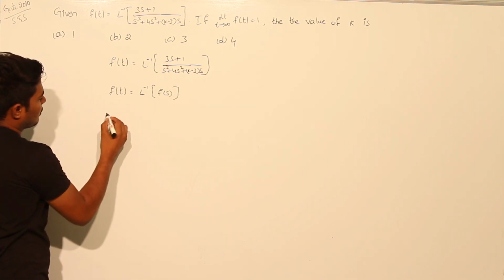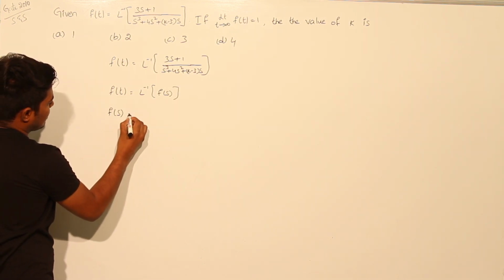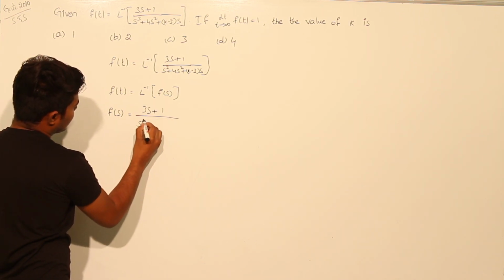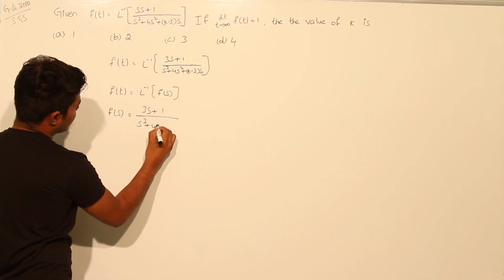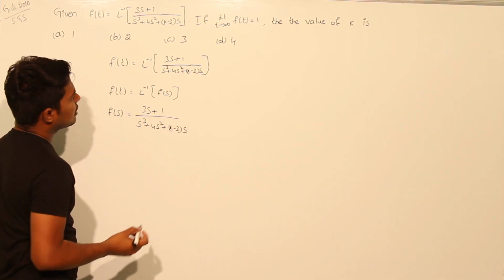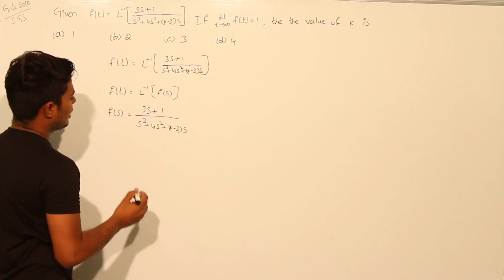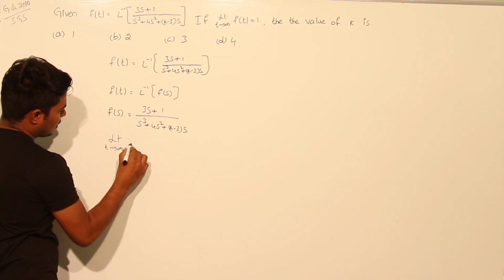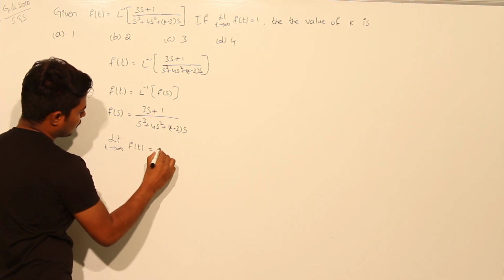So for the given function, F of s equals (3s plus 1) by (s cube plus 4s square plus (k minus 3) into s). Also given that limit t tends to infinity f of t equal to 1.